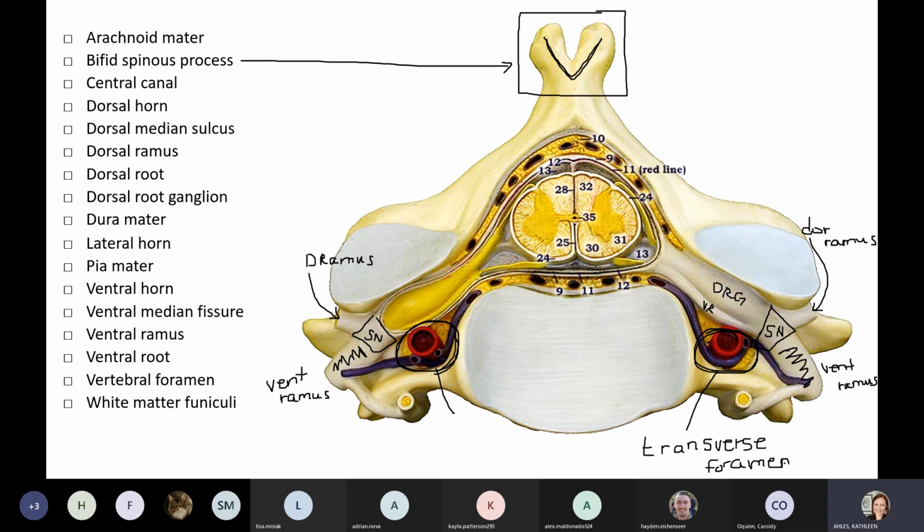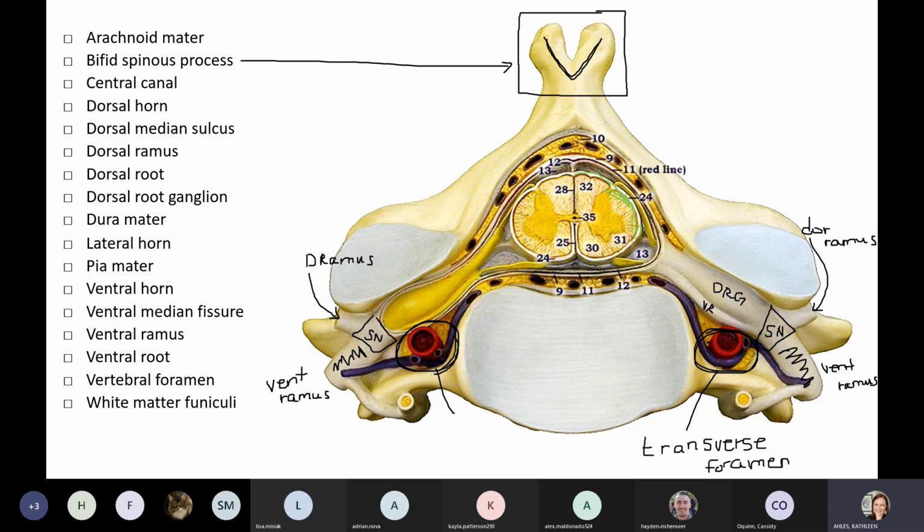The other thing I want to make sure to label with you are the 3 meningeal layers that we see. So the connective tissue that wraps around the spinal cord. So when we're looking at what's wrapping around the spinal cord, let's start with the layer that's closest to the spinal cord. So I'm trying to color it green.